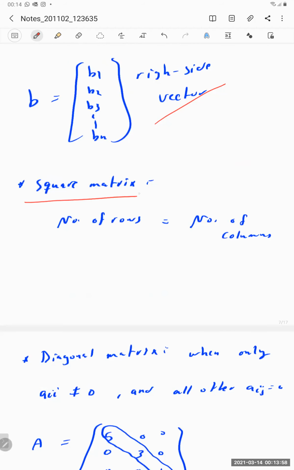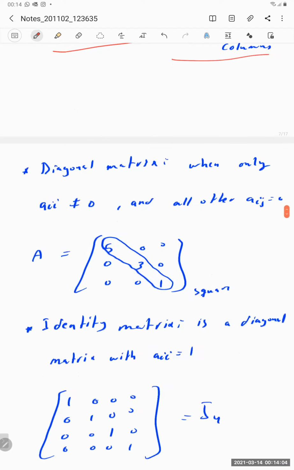A square matrix is one where the number of rows equals the number of columns. A diagonal matrix is one where only the AII is not equal to 0 and all other AIJ equal 0, meaning the elements on the main diagonal are not equal to 0 and all other elements are equal to 0.